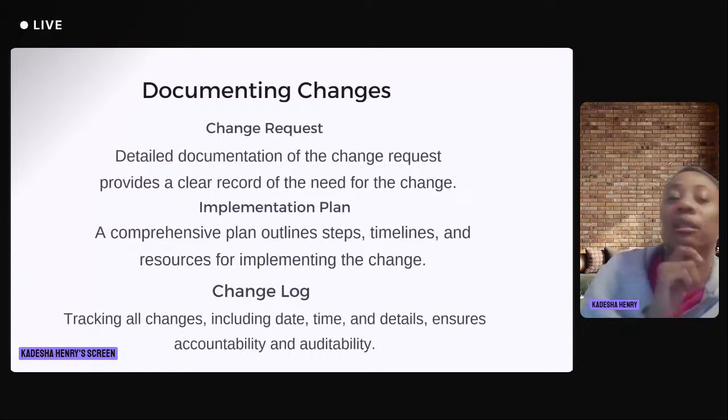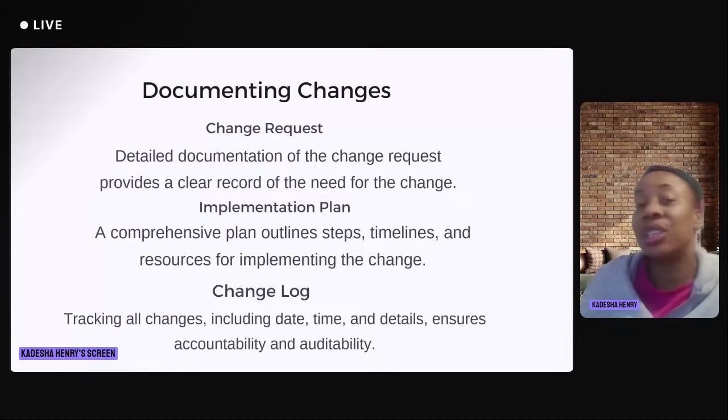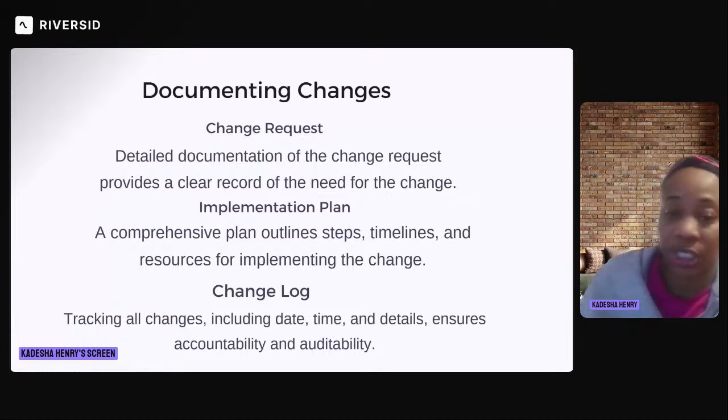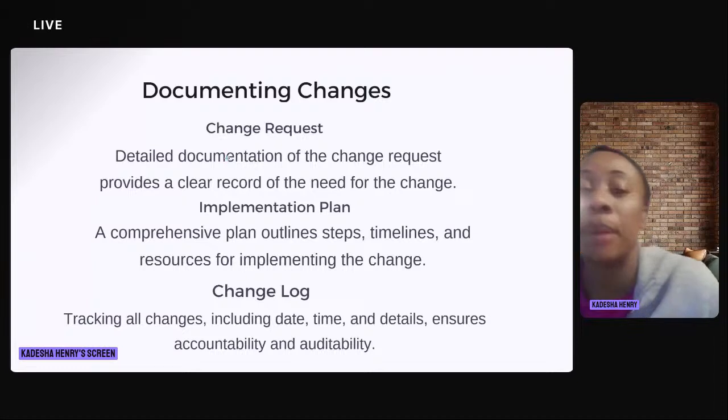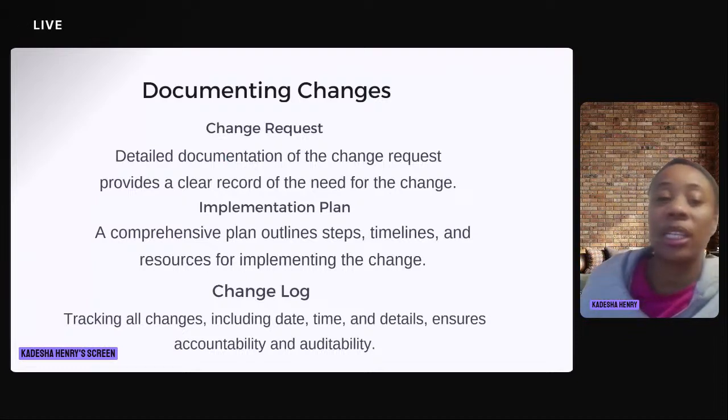Another thing that you want to do after you have made the changes is documenting the changes. Remember, we talked about that? We have to document all of the changes that we are making. So, change requests: detailed documentation of the change request provides a clear record of the need for change. We're going to document that and implement the plan.